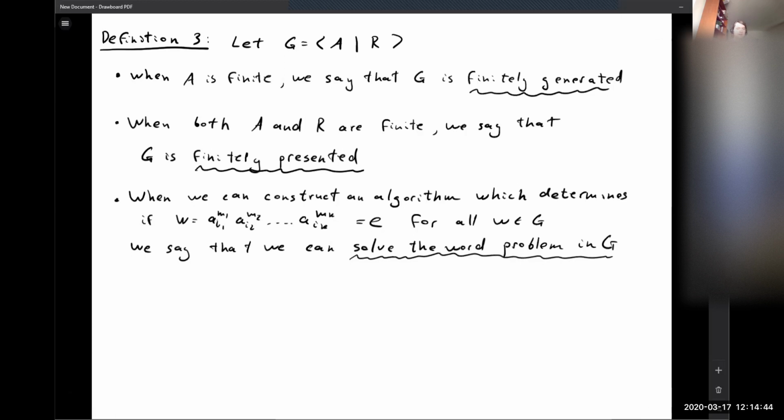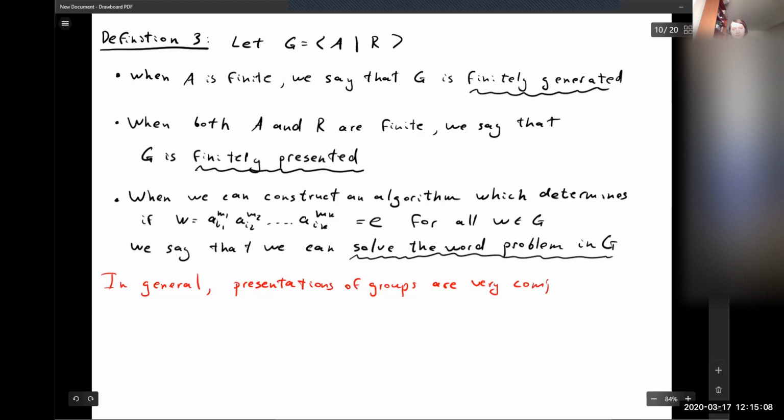And let me put here in red. In general, presentations of groups are very complicated. In particular, there are groups for which the word problem cannot be solved.